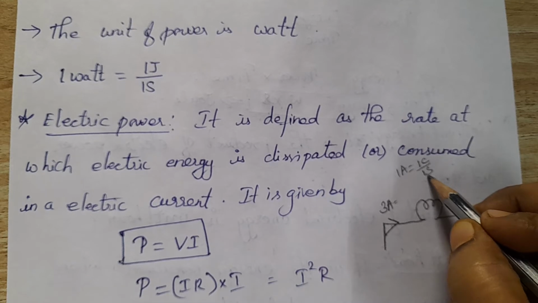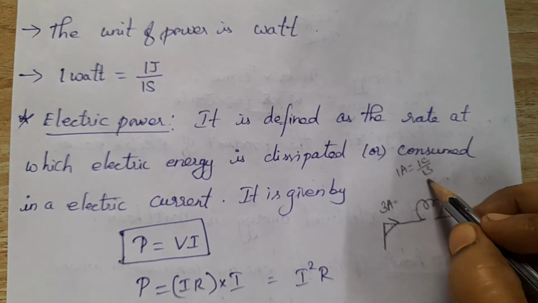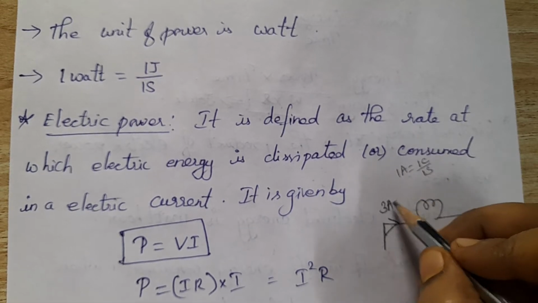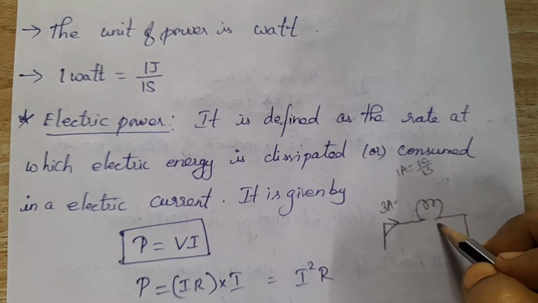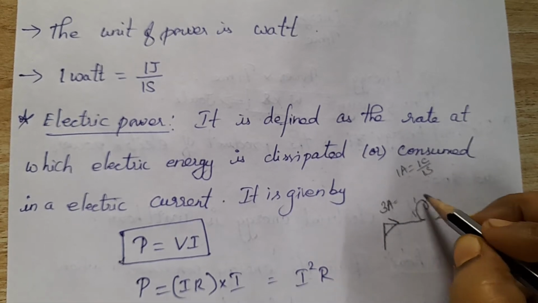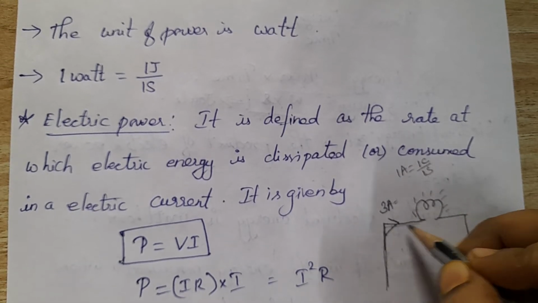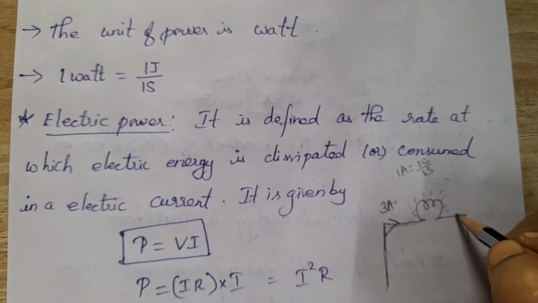Per second, how much charge is moving; the flow of charge per second is your current, right? So here it means 3 coulombs of charge are moving per second in this circuit. Only here will the energy be dissipated or consumed. In the flow, the energy will not be lost. When it crosses the resistor, then only energy will be lost, right?